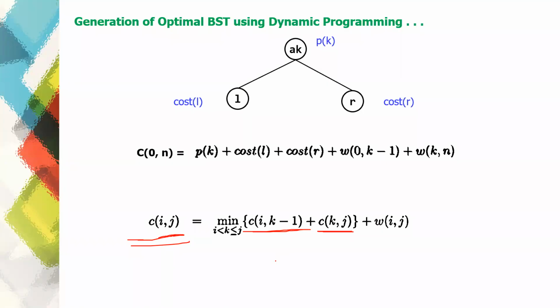So this is a recursive formula which represents the use of dynamic programming for solving the BST problem. So how to apply this formula, and how we will be able to generate an optimal BST, let us learn that in the next session, where I'll solve an example problem using this formula.